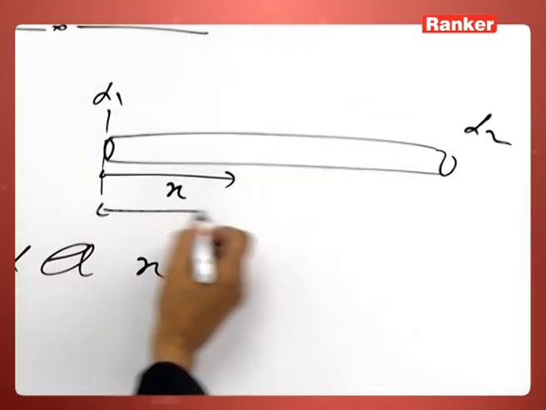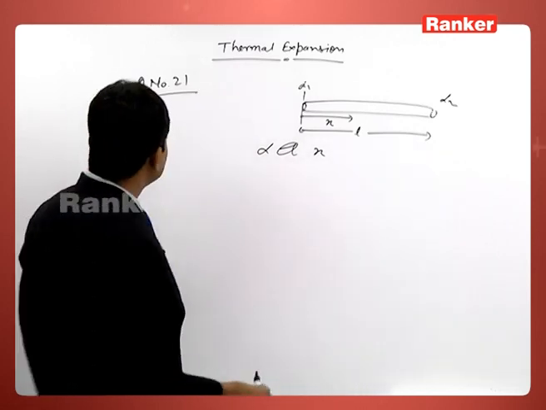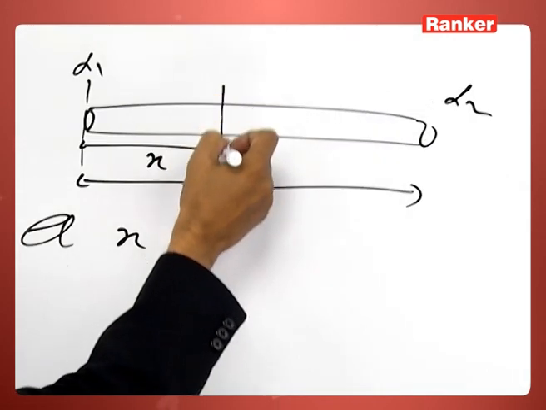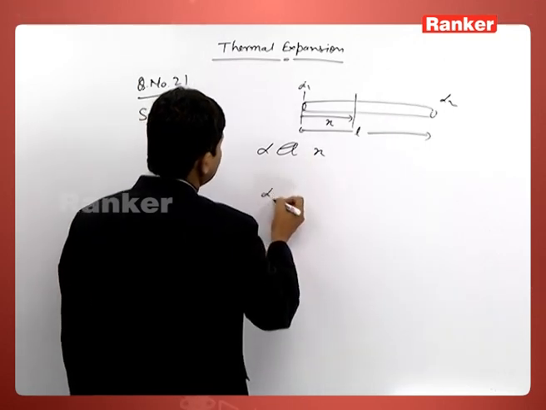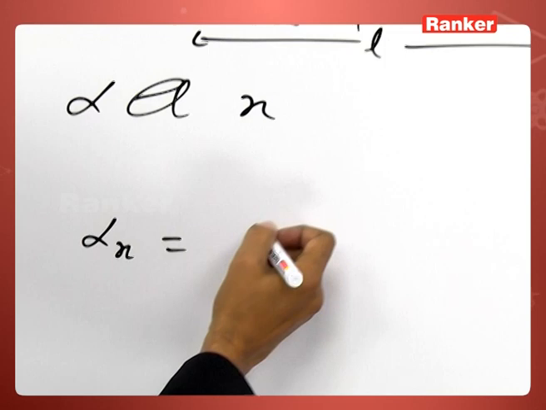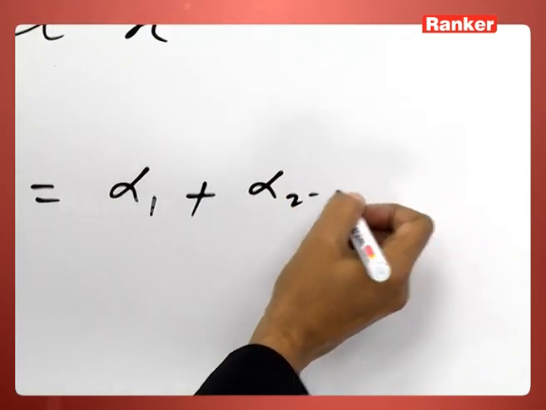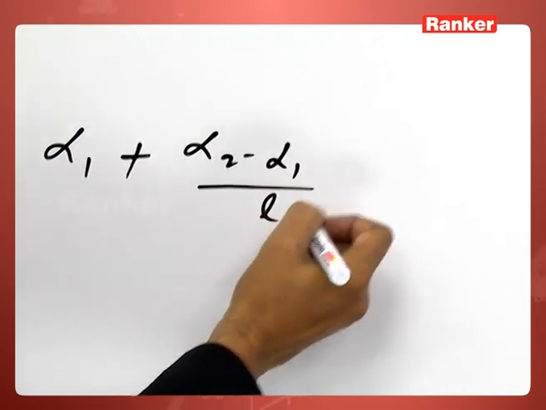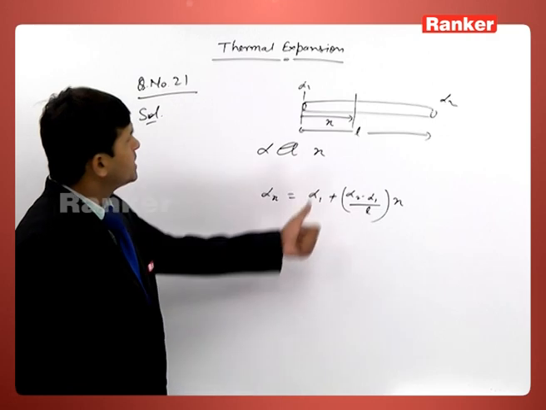So let the total length of the rod be L. At distance x, alpha is equal to alpha 1 plus (alpha 2 minus alpha 1) by L into x.